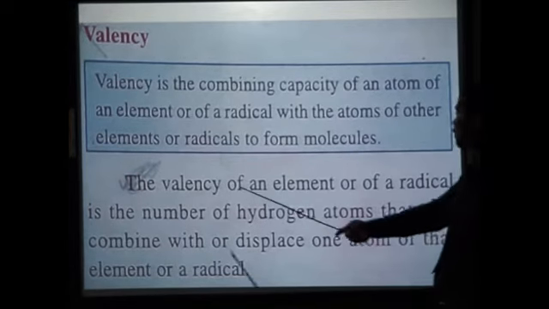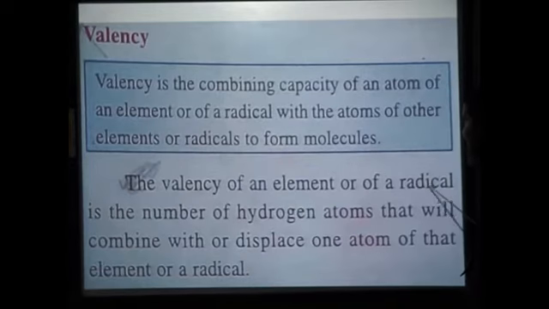So the valency of an element or of a radical is the number of hydrogen atoms that will combine with or displace one atom of that element or radical. In other words, we can say valency is the number of hydrogen atoms which can combine with a particular element. How many hydrogen atoms a particular element can hold, this becomes its valency.